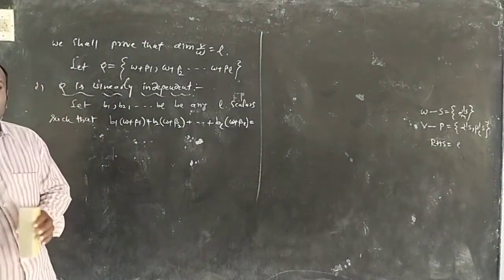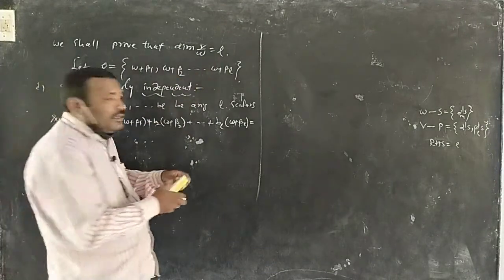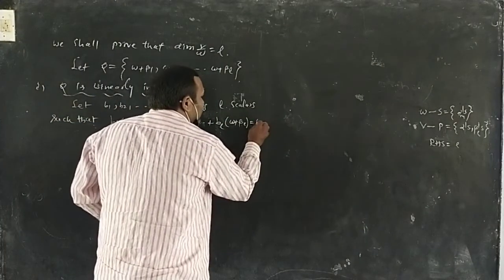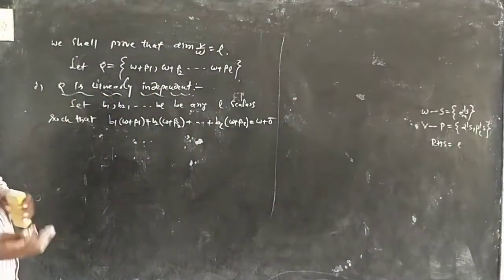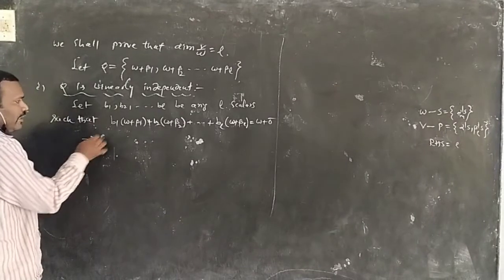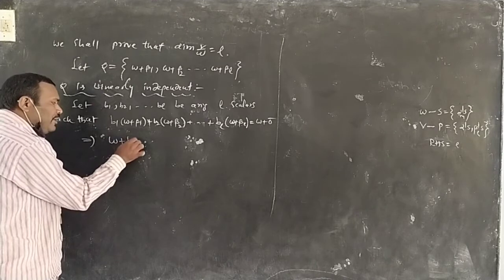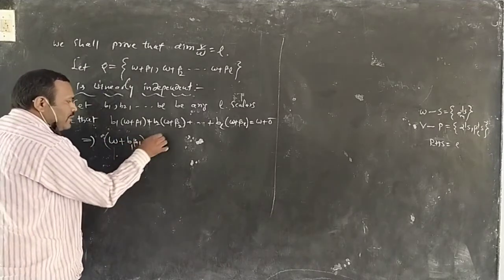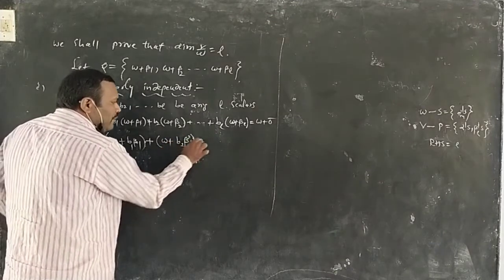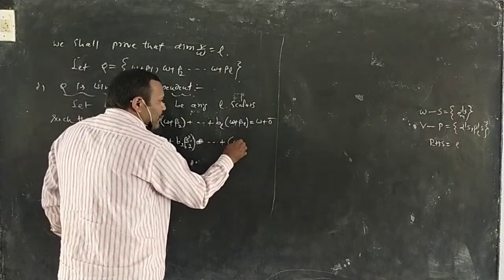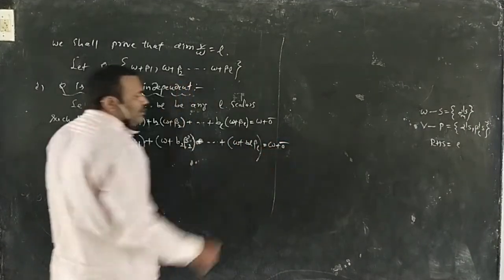Actually 0 bar is a zero vector, but what is the zero vector in V by W? W plus 0 bar. So we write W plus 0 bar. That is the zero vector on the right side. By scalar multiplication you can write this as W plus B1 beta 1 plus W plus B2 beta 2 plus and so on plus W plus BL beta L is equal to W plus 0 bar.